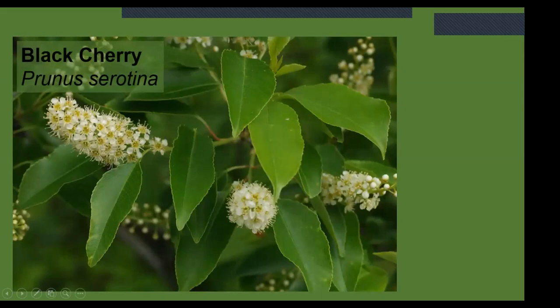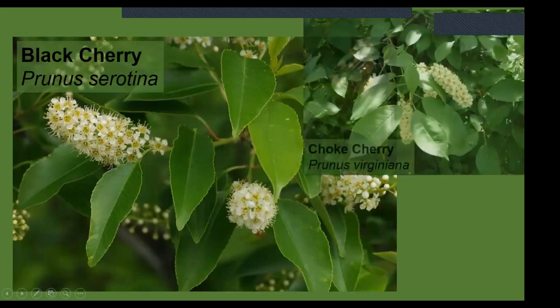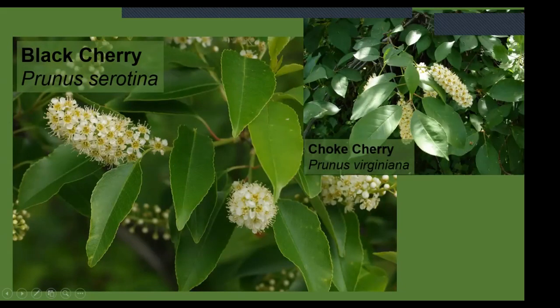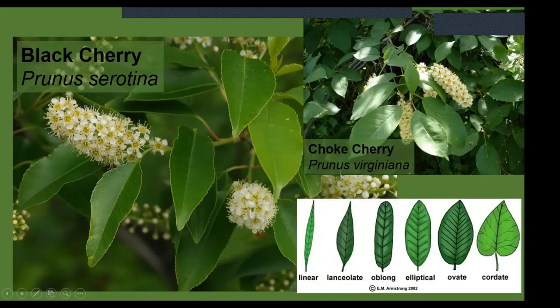So we'll start back with cherry again. Remember that this has the lanceolate leaf shape. There it is. Now look at choke cherry for comparison. That's really widest out toward the tip, but it's a much broader leaf. We call that an ovate shape, except ovate has the broadest area toward the middle.